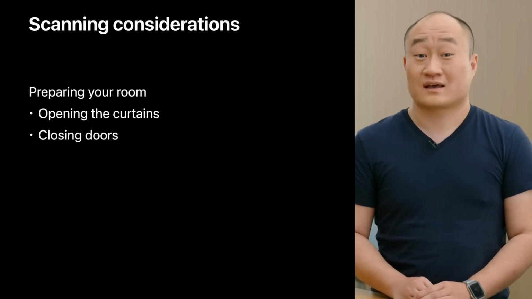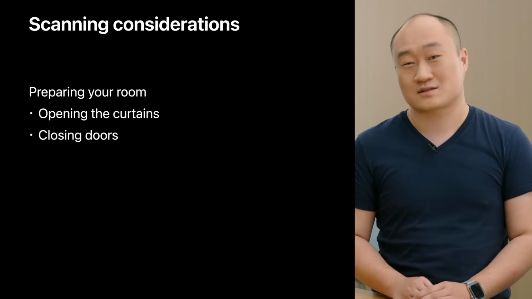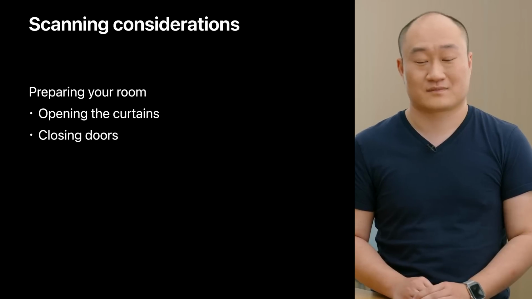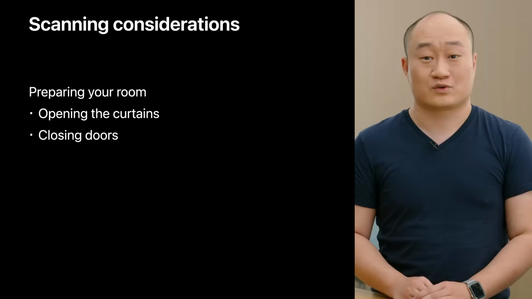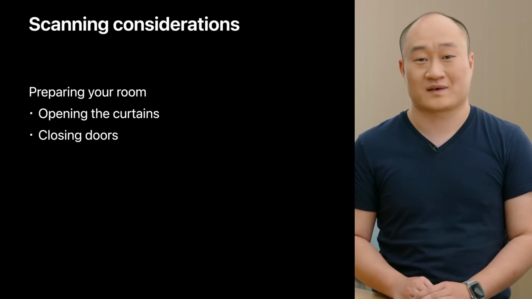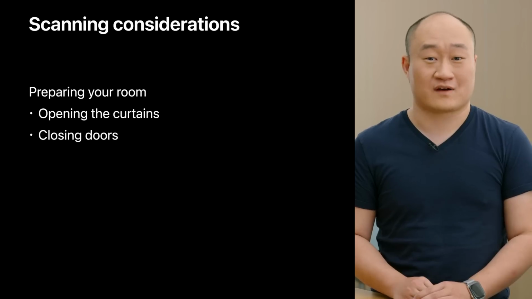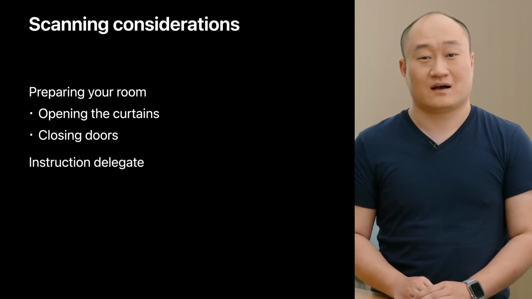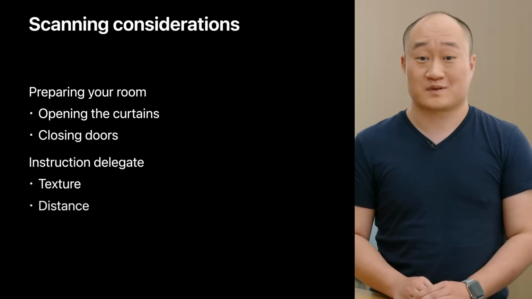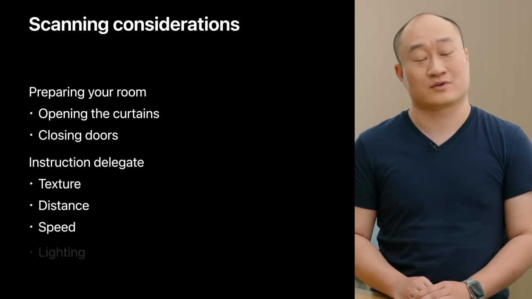Closing the doors can reduce the chance of scanning unnecessary areas outside the room. Following a good scanning motion is also very important to achieving good scanning results with the API. That is why we provide a user instruction delegate method in order to provide feedback on textures, distance, speed, and lighting conditions to people during the scans.